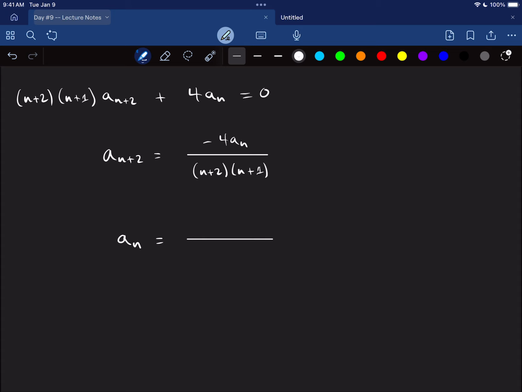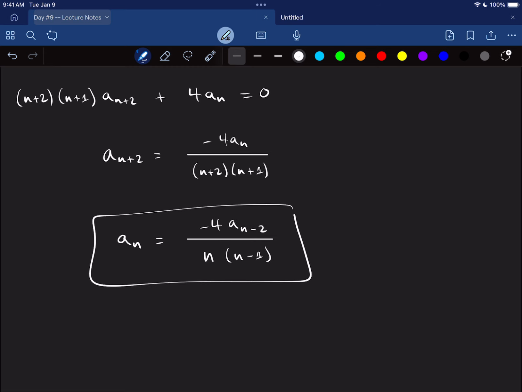All I'm going to do here is take all of these n's and shift them down by 2. So instead of n plus 2, I just have an n. Instead of an n plus 1, I have an n minus 1. The negative 4 is there, but instead of a sub n, I have a sub n minus 2. And I'm going to box this.